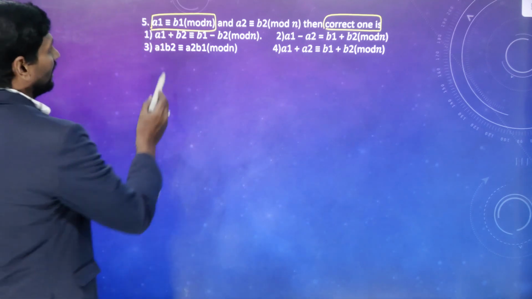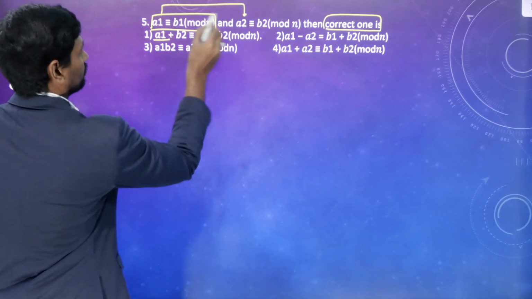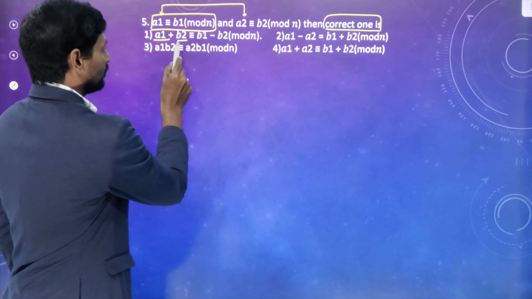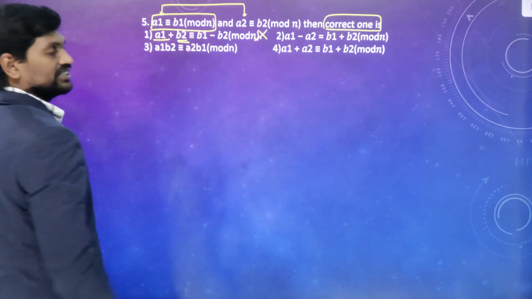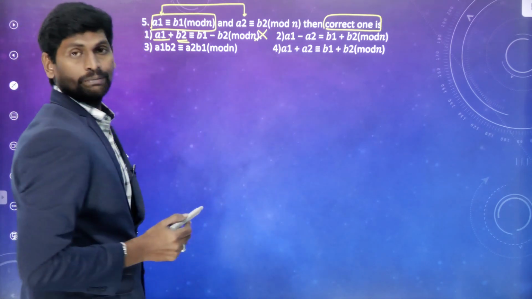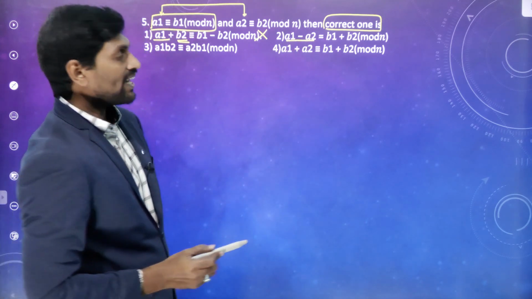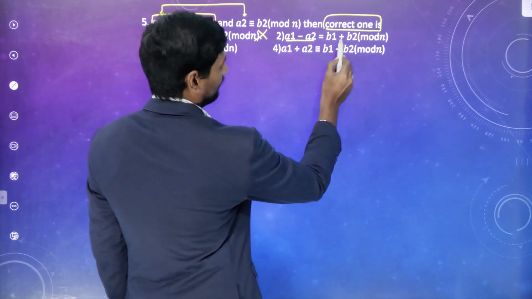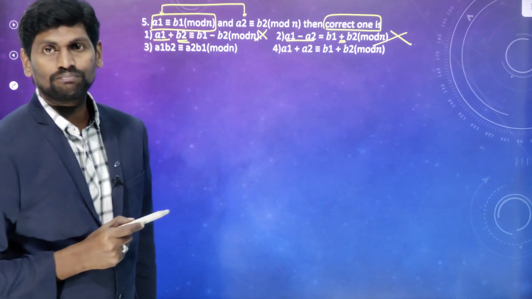We'll check. A1 plus A2 is correct, but A1 plus B2 is given, so the first option is not considered. Second option, A1 minus A2, the LHS part is correct, but on the RHS it should be B1 minus B2, and here it is B1 plus B2, so the second option is also wrong.